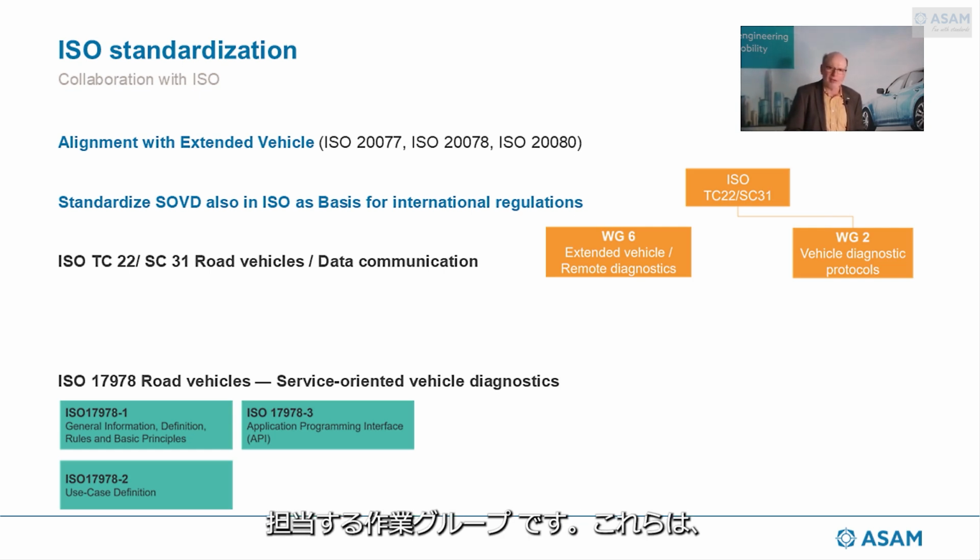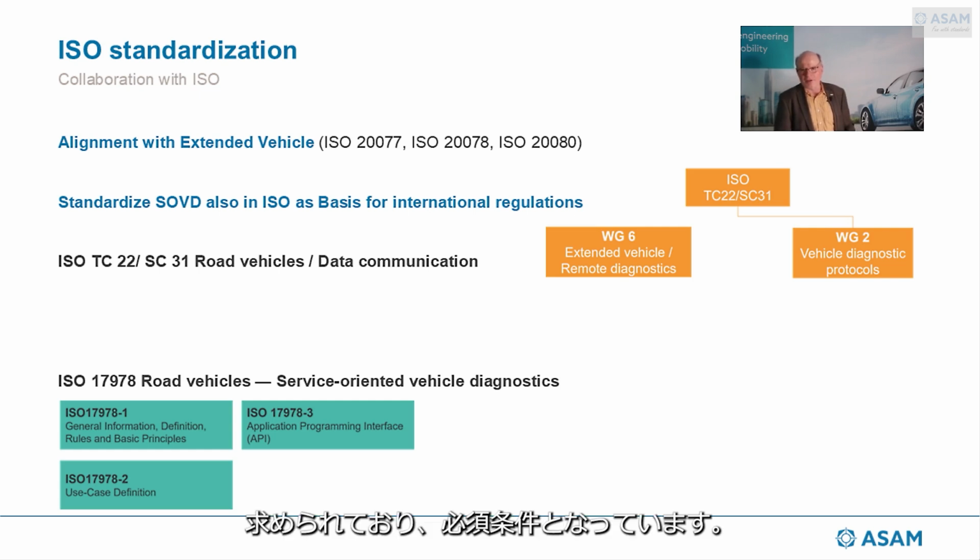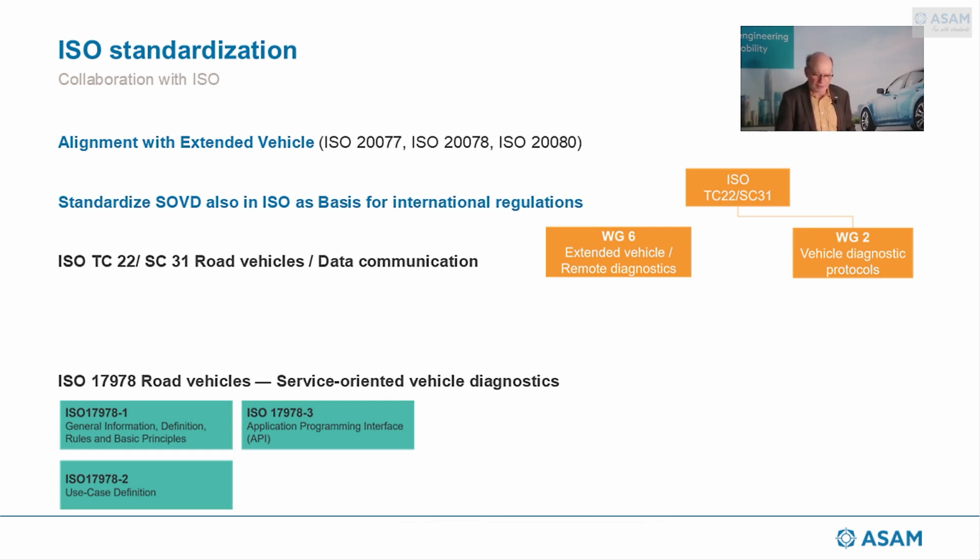And there is a strong required alignment with the extended vehicle, which is the ISO series 77, 78, and 80. The 77 is the methodology, the 78 is the web services, and the 80 is the remote diagnostic support.